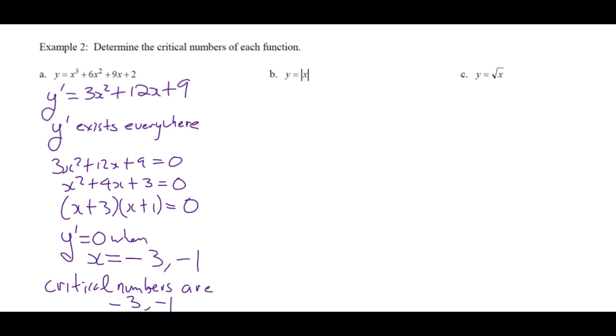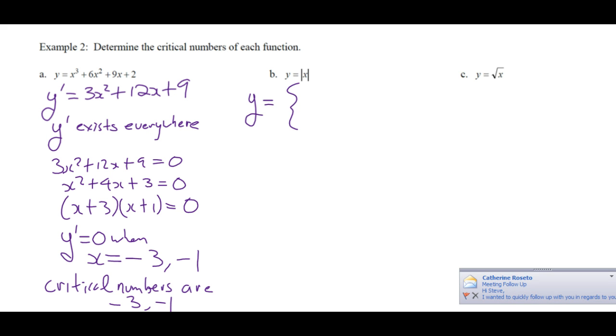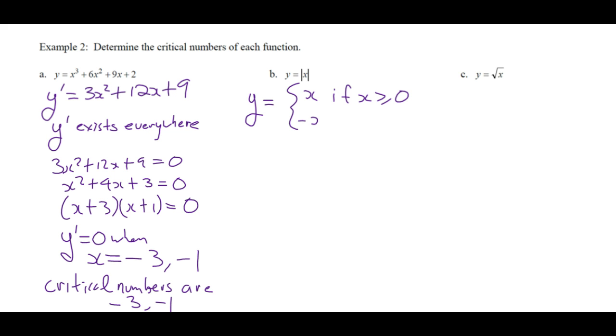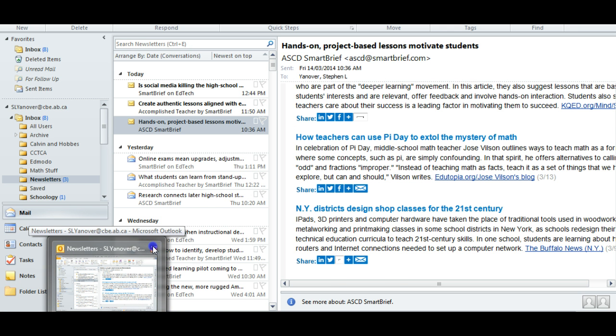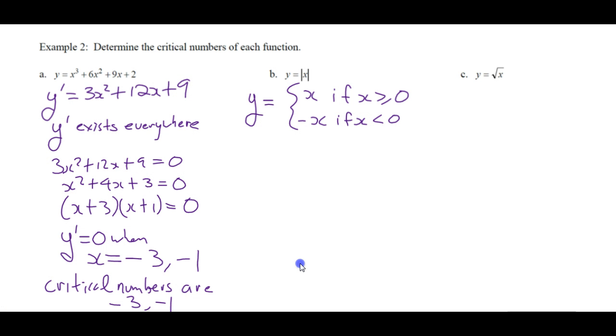Y equals the absolute value of x. That function looks like this. It's x if x is greater than or equal to 0, and it's negative x if x is less than 0. So then what's the derivative?